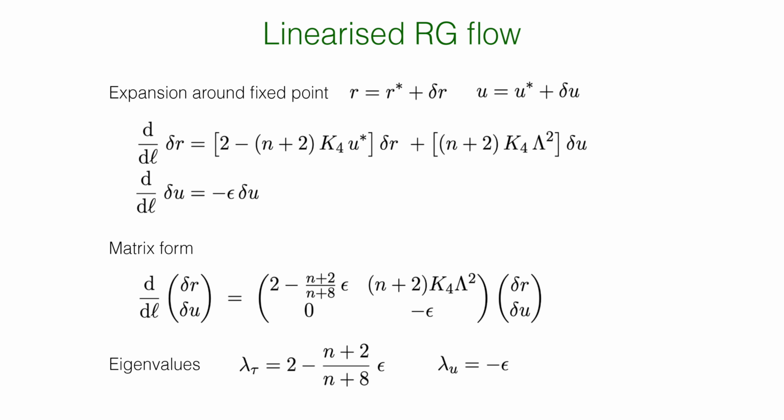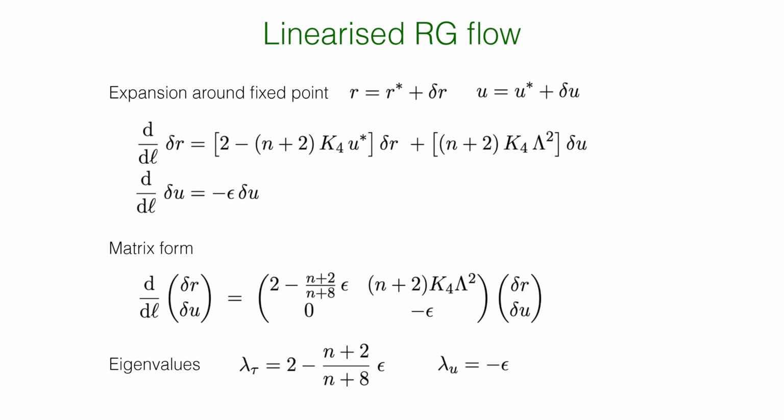Then as you look at the flow equations, you get this kind of structure for the flow equations. You look at this in matrix form, and I guess you all know how to diagonalize 2 by 2 matrices and get the eigenvalues. That's really trivial, because especially here, this is an upper triangular matrix, where the eigenvalues are simply the diagonal terms that you have.